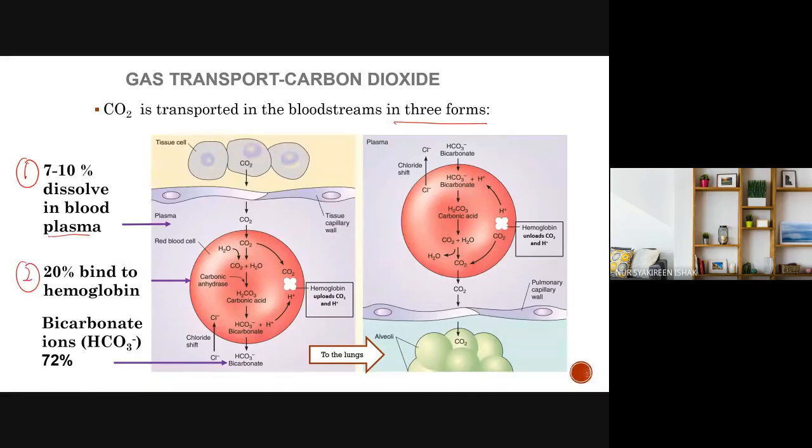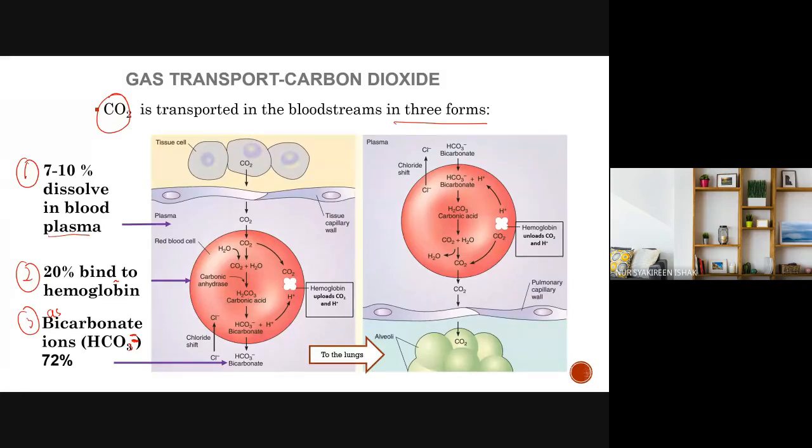Second, 20% binds to hemoglobin. Ini carbon dioxide. And yang ketiga, carbonate ion. Dia sebagai carbonate ion, HCO3 minus, kan 3 subscript minus superscript kat sini sepatutnya. Okay, which is 72%. So paling banyak as bicarbonate ion.